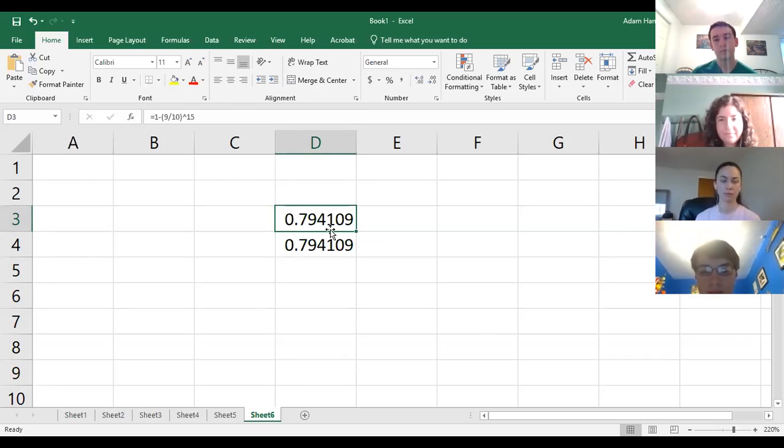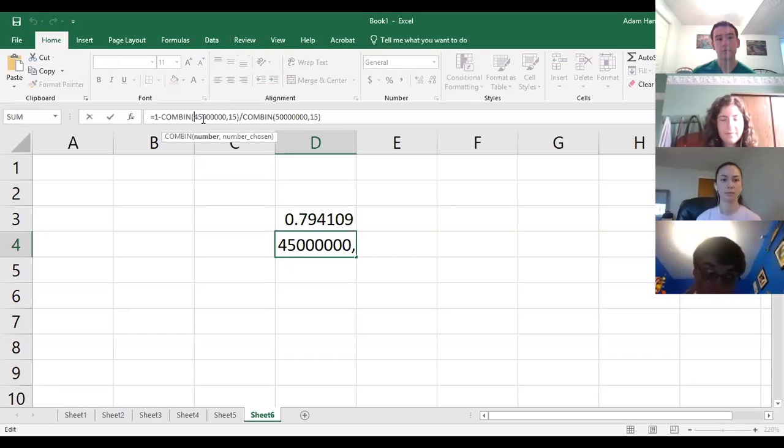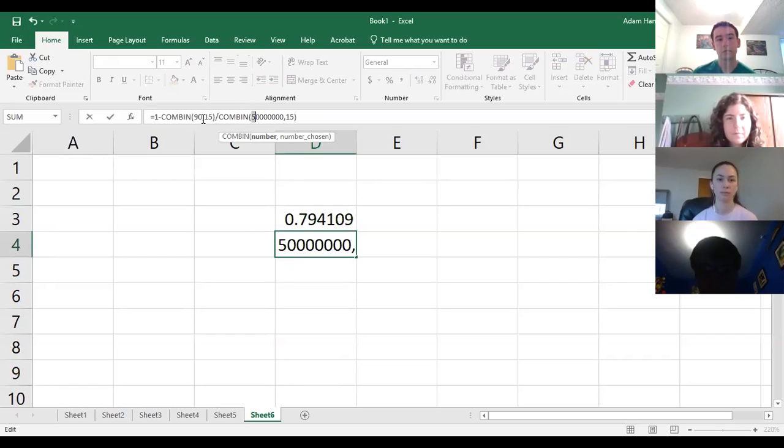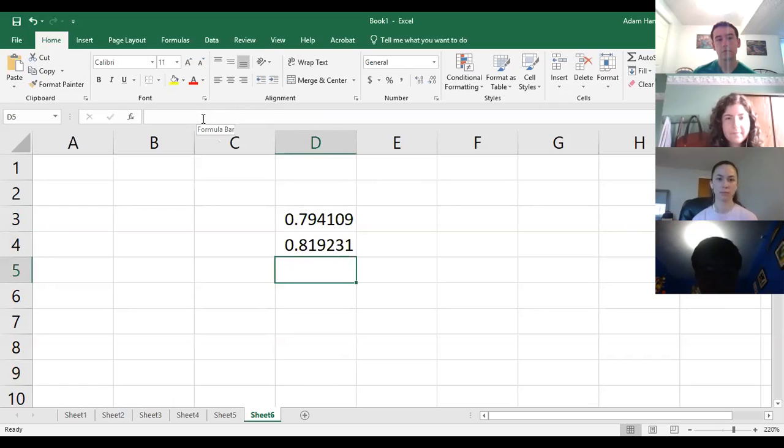But what would it be in this case? There would be 90 and this would be 100. And now it's starting to make a difference. Anyways, I just wanted to point that out.